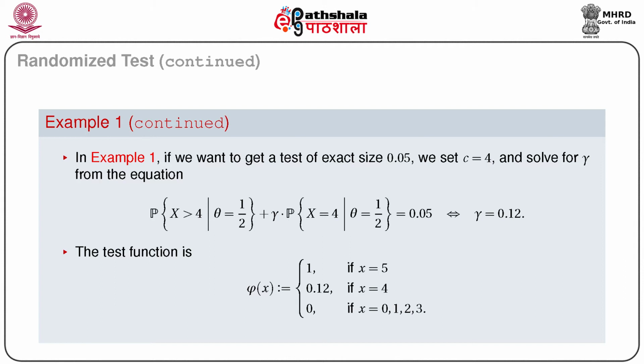That is, we select a random number from the interval (0, 1), and if the selected number is less than 0.12, we reject H0, otherwise we accept H0. Actually, the randomization is done to achieve the exact size, but as a result of randomization, the power of the test also increases.